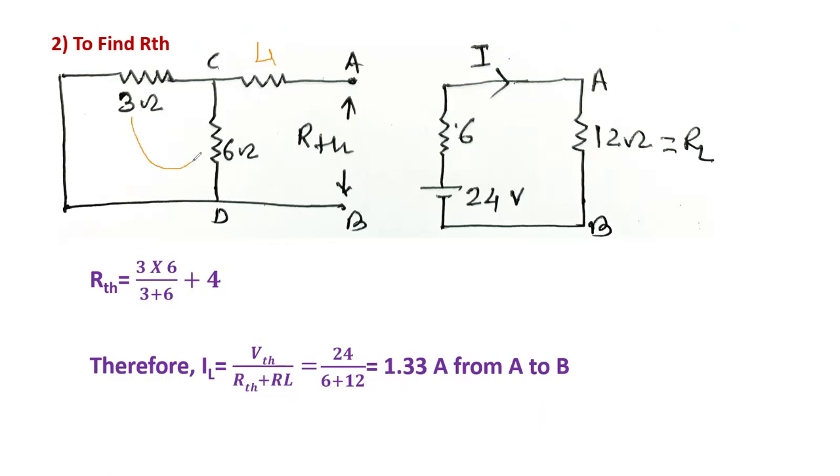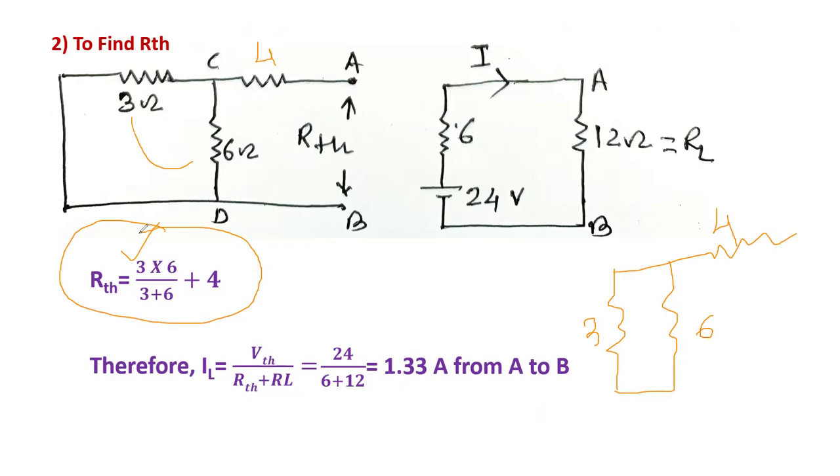This 3 ohm and 6 ohm are in parallel, and this 4 ohm is in series. This is a 3, this is a 6, and this is a 4. So as per the formula, 3 into 6, both are parallel, upon 3 plus 6, plus 4 in series, you will get the value of RTH.